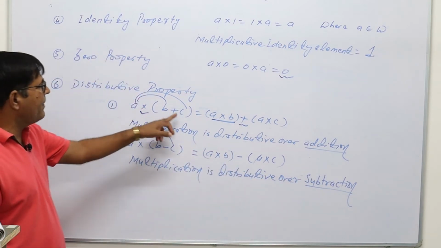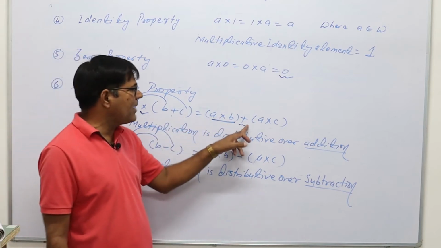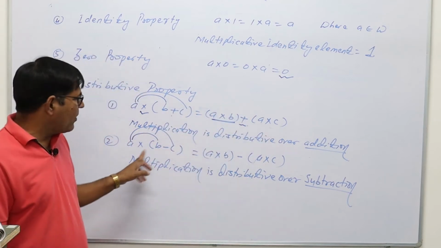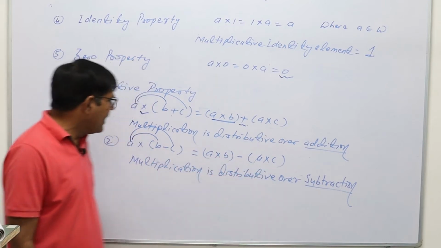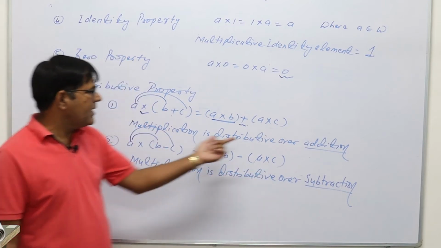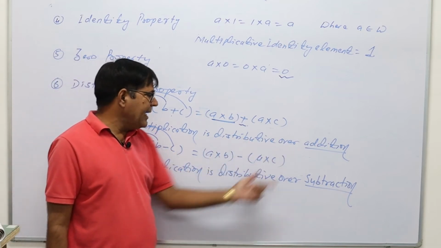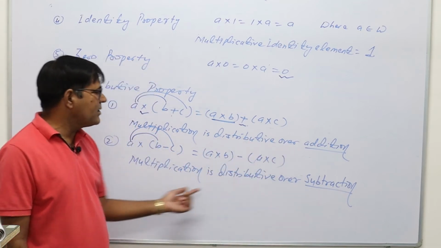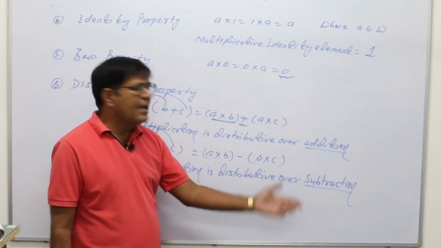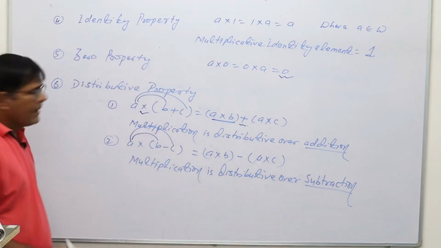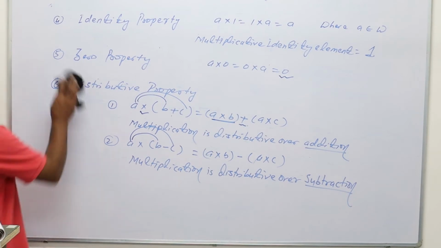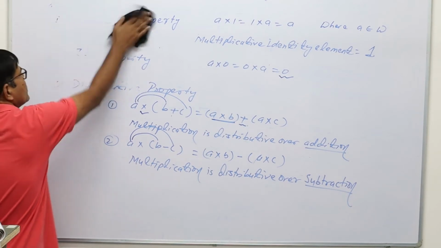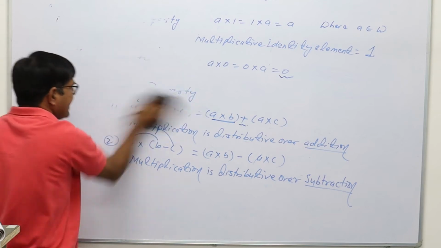First, A cross B plus C is equal to A cross B plus A cross C, and A cross B minus C is equal to A cross B minus A cross C. So, first one is multiplication is distributive over addition, and second is multiplication is distributive over subtraction. Now, on the basis of these 6 properties, we will do the next exercise.